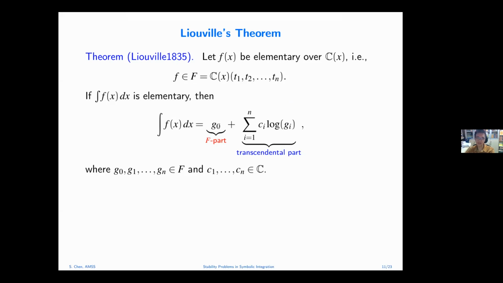The first part, G0, is already in the field in which f lies. And then there is a linear combination with constant coefficients of logs of the Gi. The Gi and G0 are already in the field in which f lies. Which means if this is an elementary integral, then the integral is, in a certain sense, very simple.